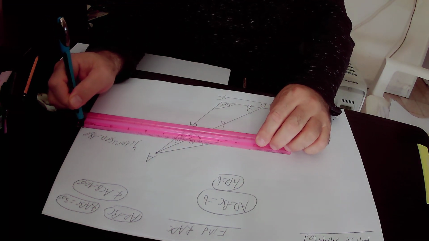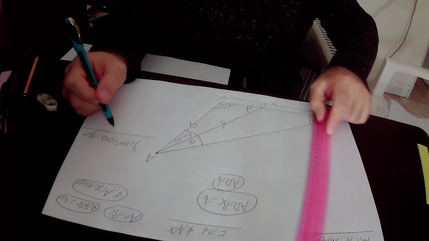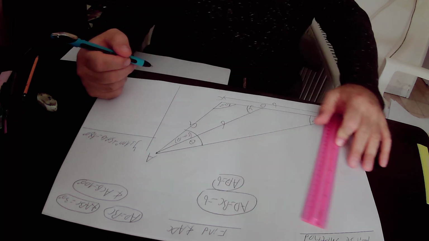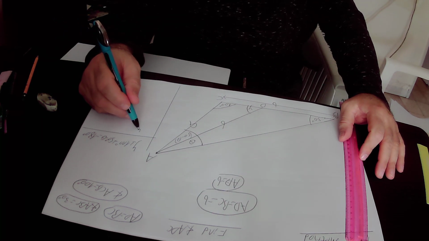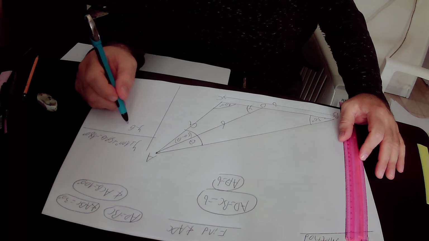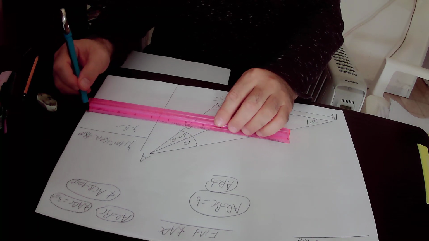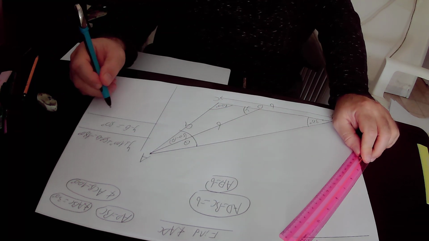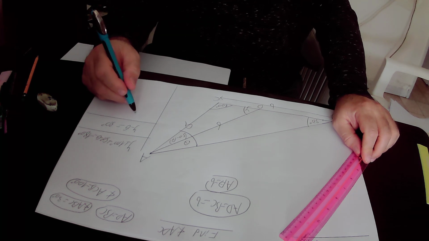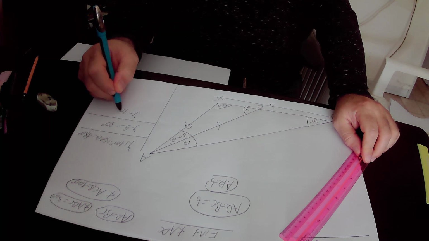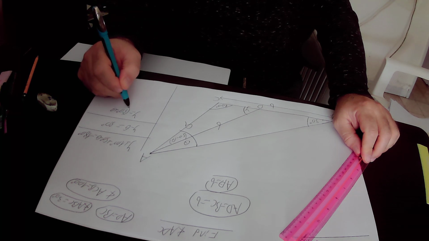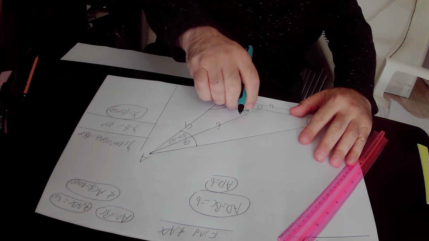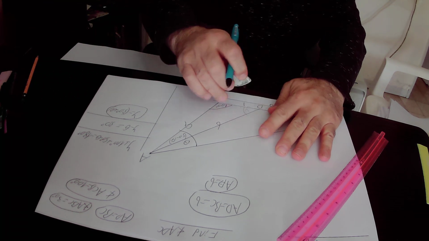Here we will subtract 150 degrees from this equation, and we will get that Y minus theta equals 180 degrees minus 150 degrees, which is 30 degrees. Here we will add angle theta to this equation, and we will get that angle Y equals 30 degrees plus theta. So we found out that the angle that we are looking for, that is to say angle ADC, equals 30 degrees plus theta.